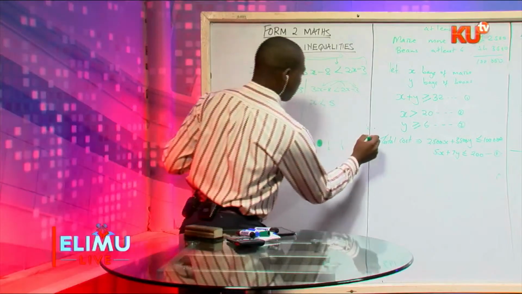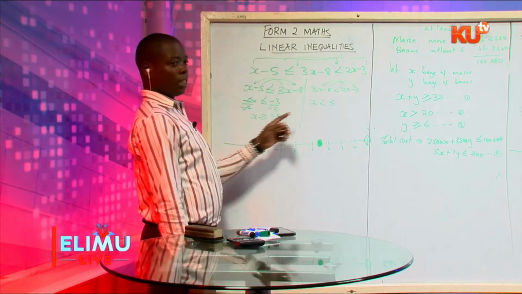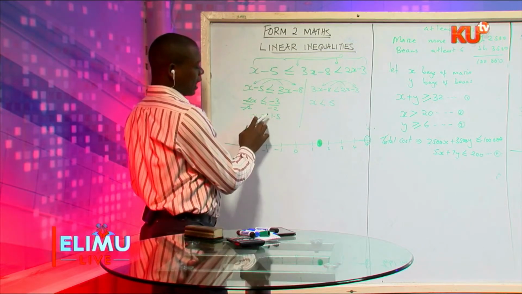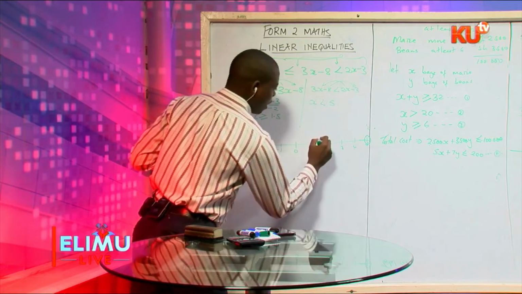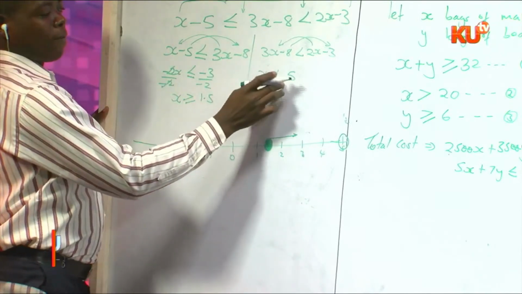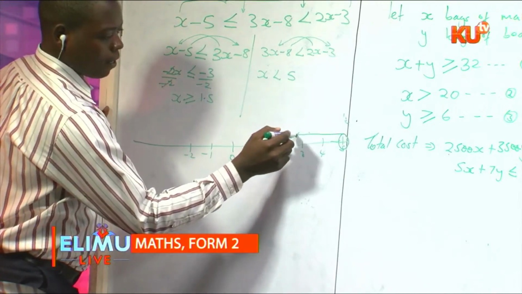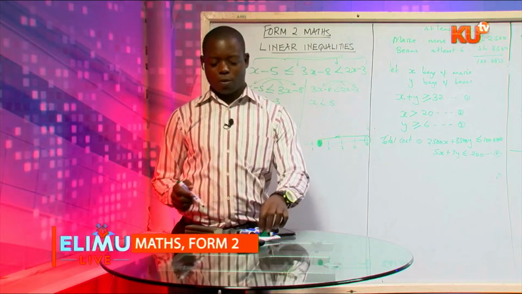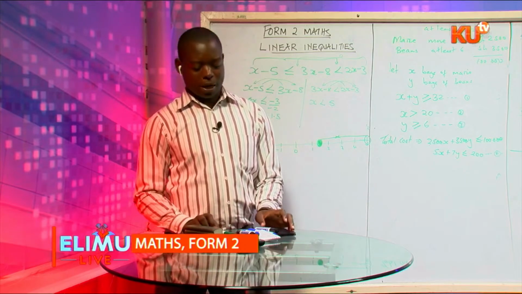Again, x has a solution at 5, so you circle 5, but we don't shade because it is strictly less than 5. So the values of x greater than 1.5 are to the right, so you draw an arrow facing this side. The values of x less than 5 are to the left side. Again, you draw, so we have the intersection of the two. That becomes the representation of the solution on the number line. And that was 3 marks.